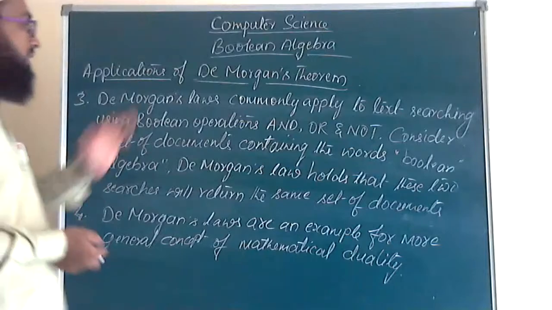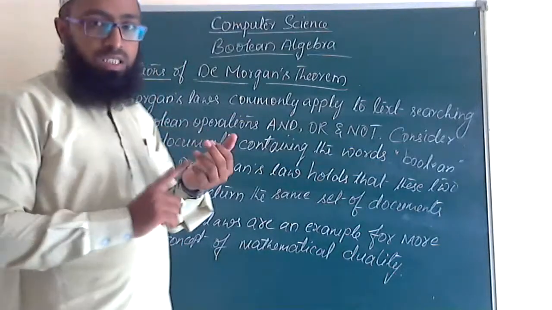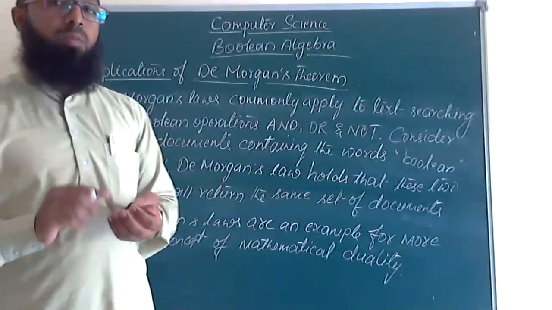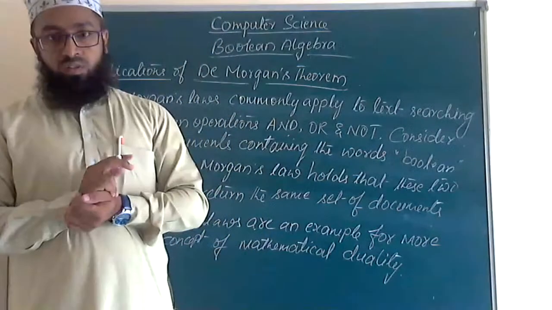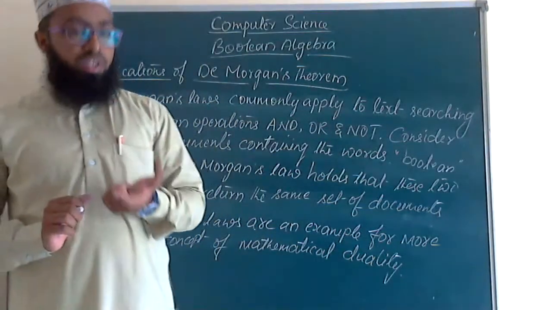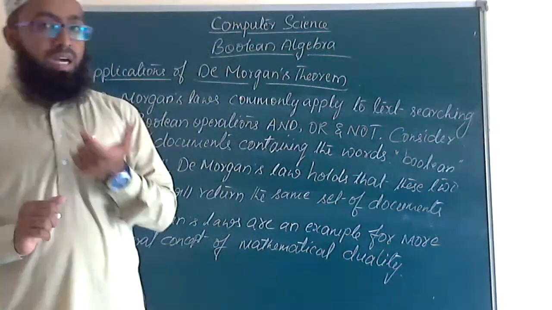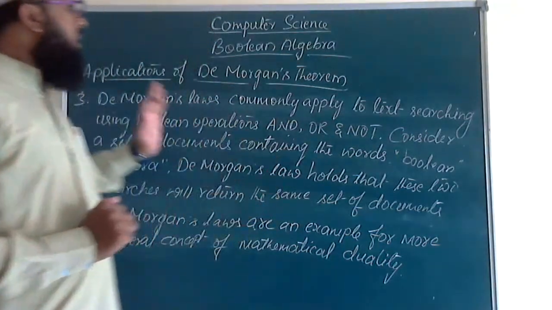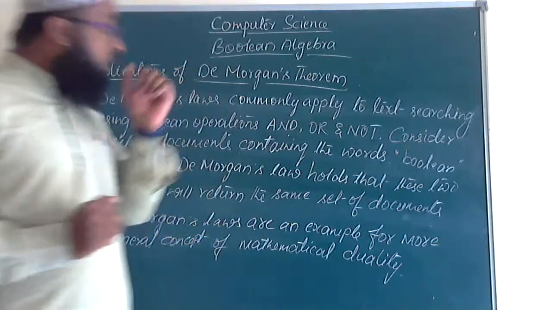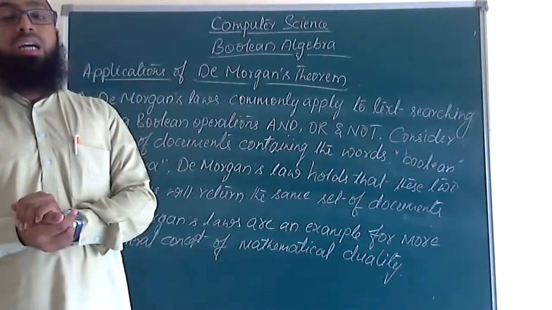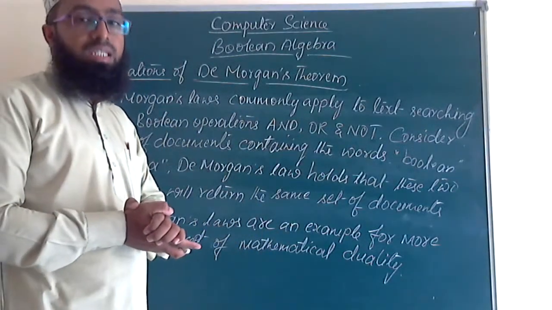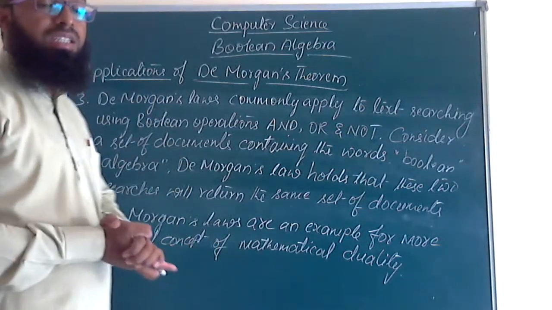There are mainly 4 points in the application of De Morgan's theorem. The first point states that De Morgan's theorem is very useful in manipulating basic gate operations with alternative gates, particularly NAND and NOR gates, which are readily available in IC form, that is called integrated circuit form.